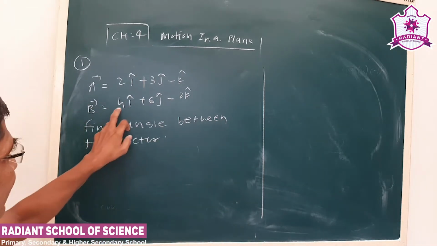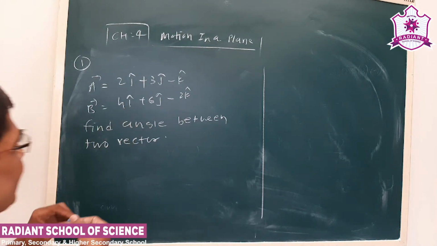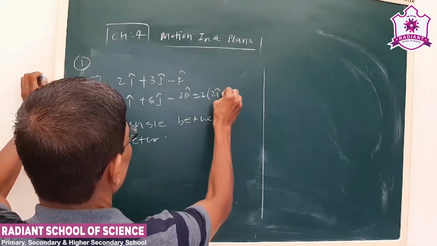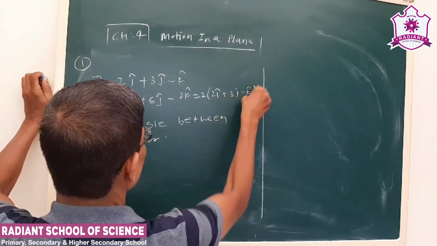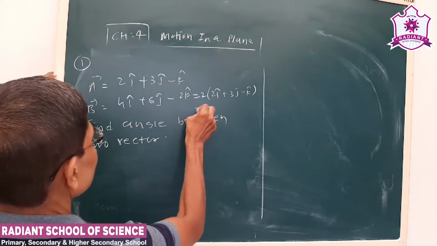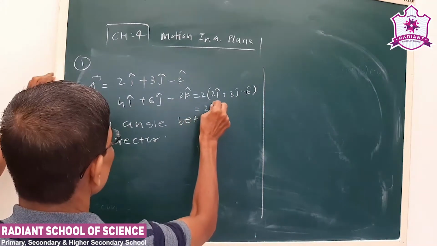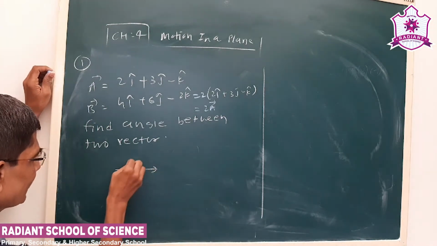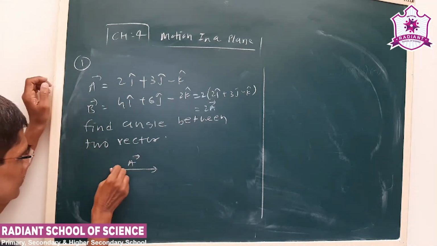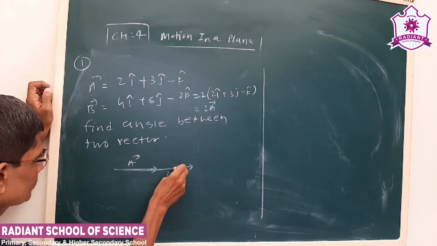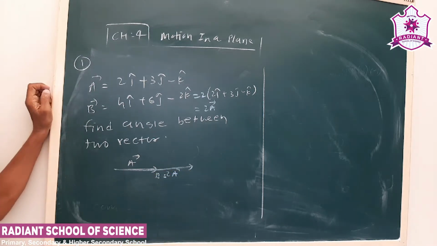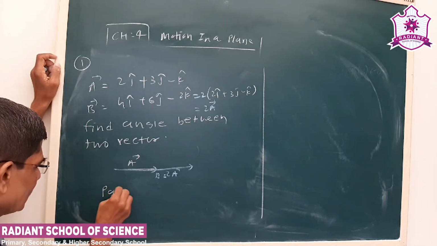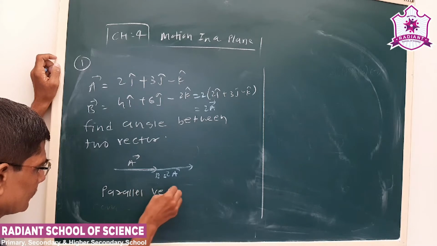What I see is that 2 is a factor of all the terms in vector B. If I take 2 common, this becomes 2i plus 3j minus k. So B is equal to 2A, that means this is vector A. What does this indicate? These are parallel vectors.